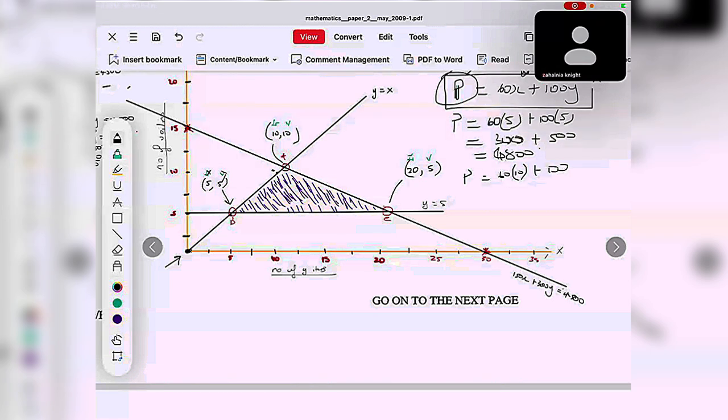All right, so that's going to be 600 plus 1,000. So that's $1,600.